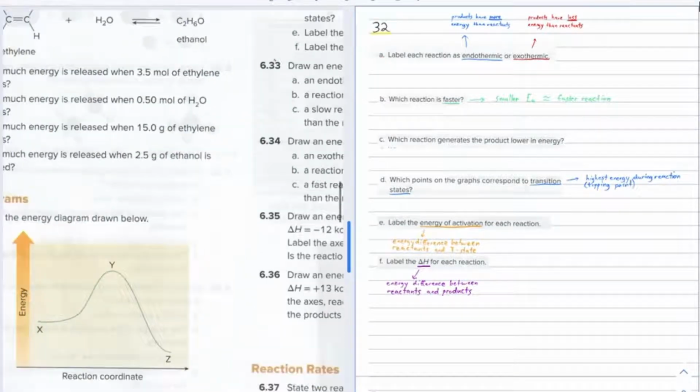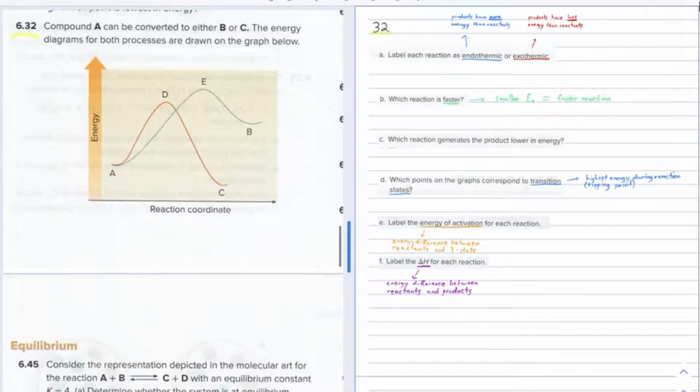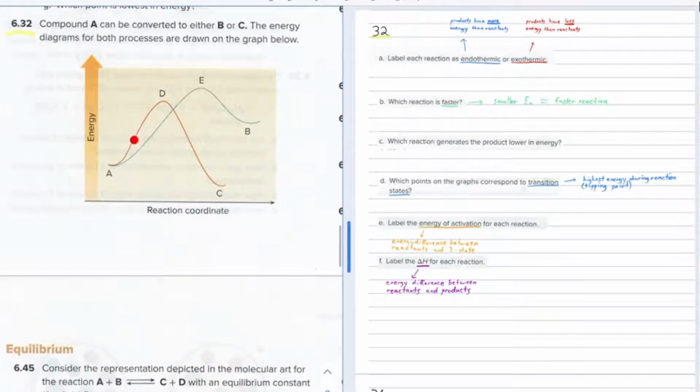So let's go back and look at the graph here, the energy diagram. What's going on here is you see two different curves. At the beginning of the reaction, you start with chemical A, and at the end of the reaction, you can either end with B or you can end with C. So there are two different reactions.